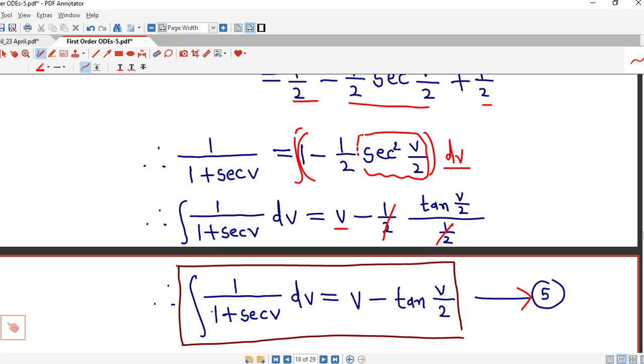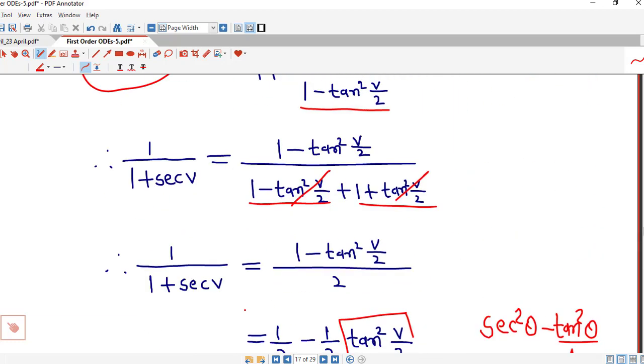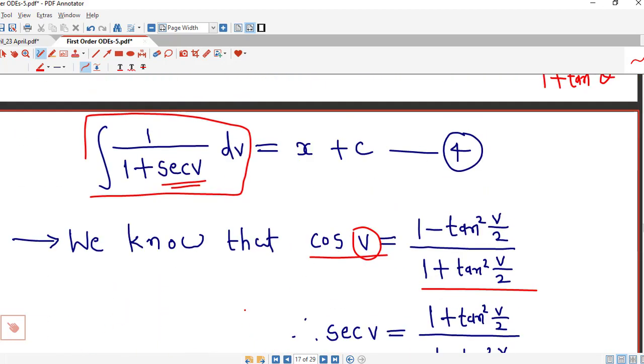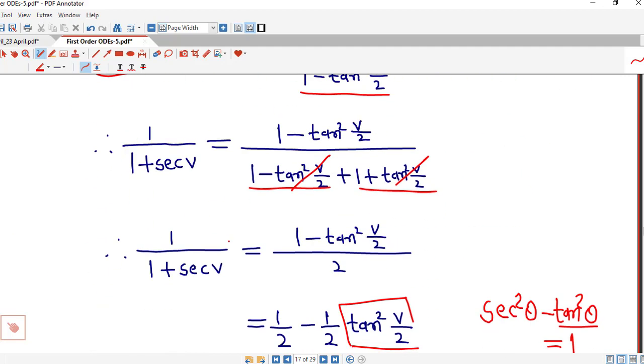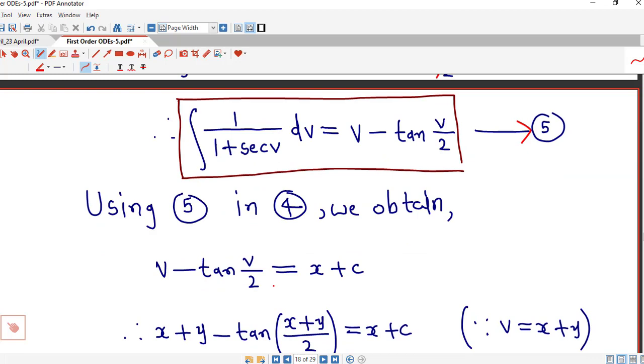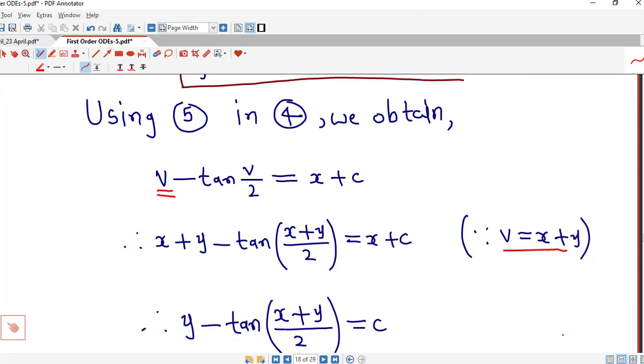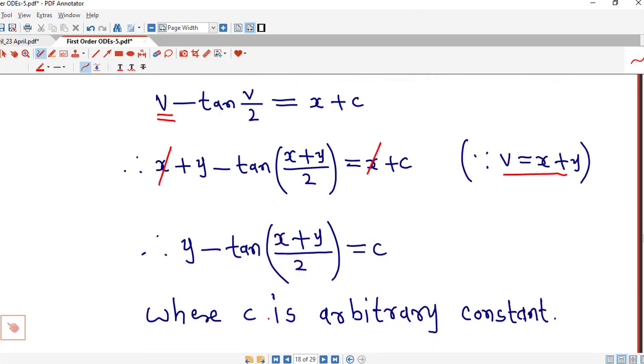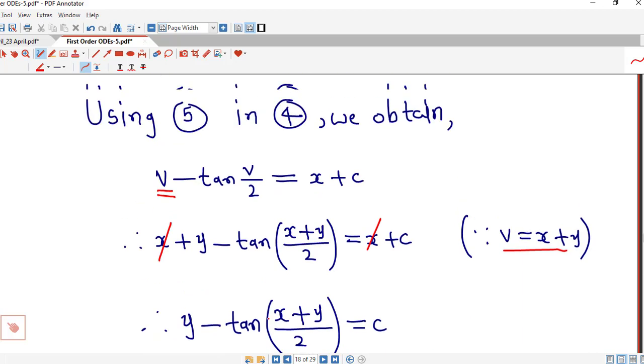So we substitute the value of this integral in equation 4 and obtain the general solution. v - tan(v/2) = x + c, and finally we put v = x + y, and we can see this x will cancel out. y - tan((x+y)/2) = c, where c is an arbitrary constant.